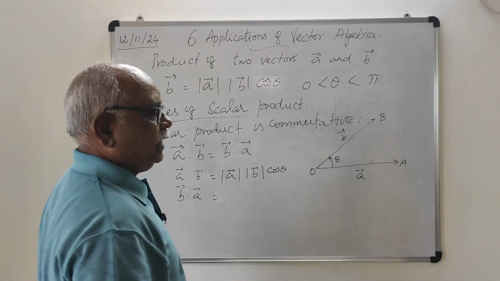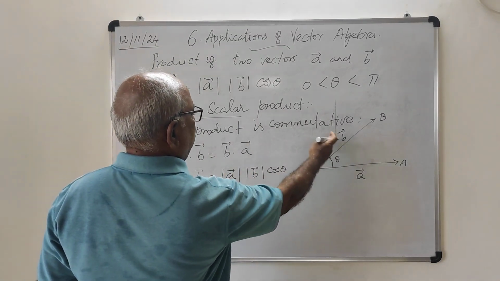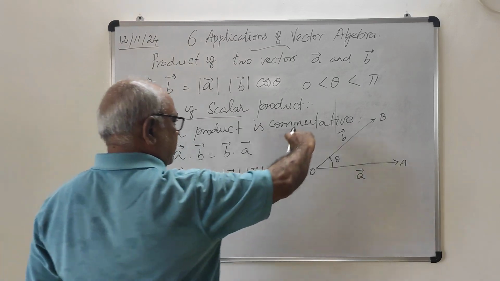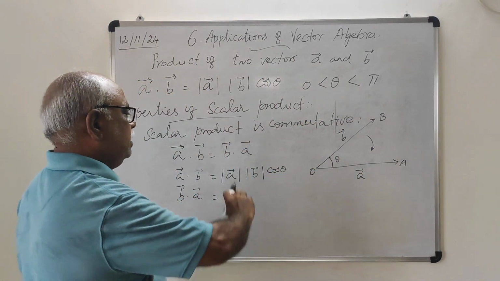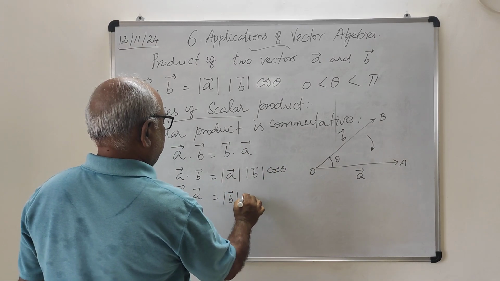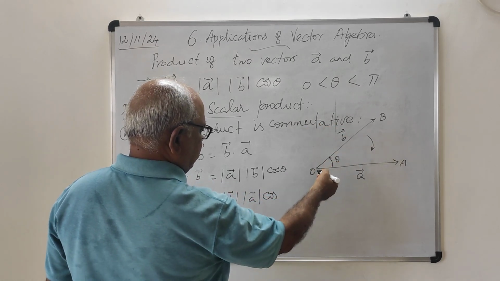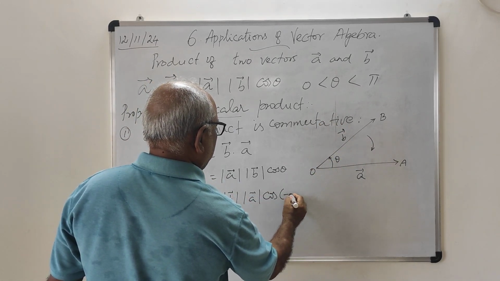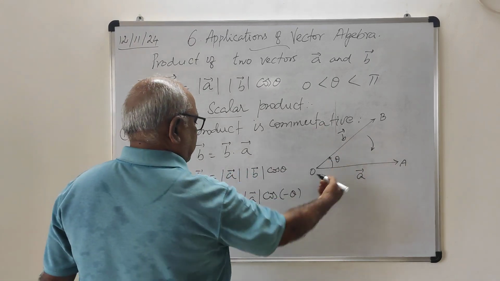O is the point of contact of vectors A and B. A dot B is mod A mod B cos theta. But B dot A is measured in the clockwise direction. B dot A means mod of B into modulus of vector A into cos of, the direction being clockwise, therefore theta becomes minus theta.